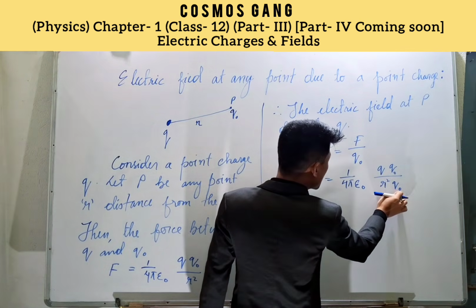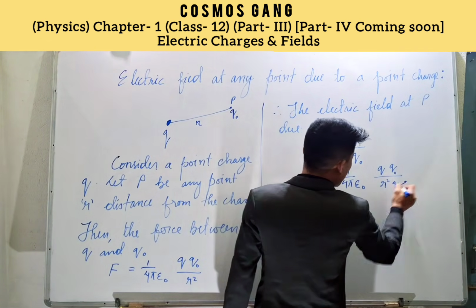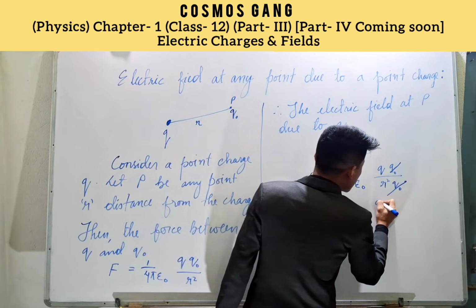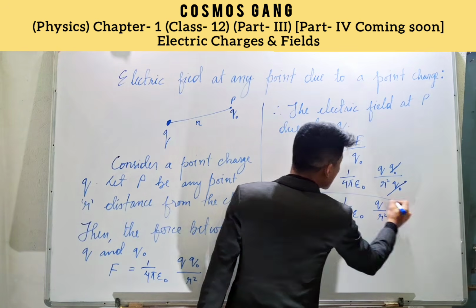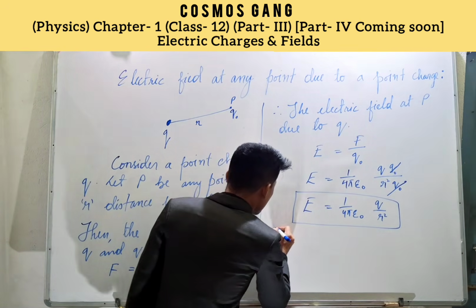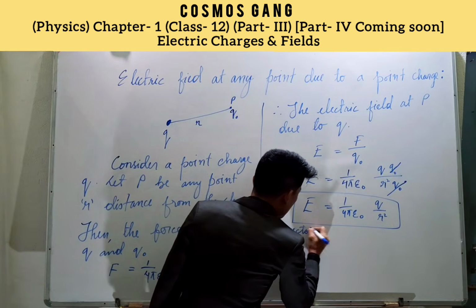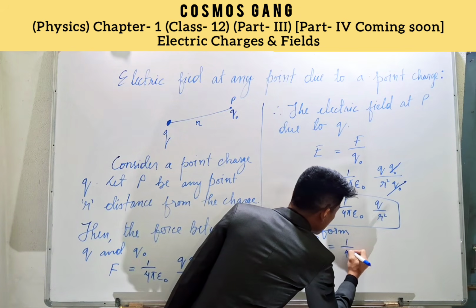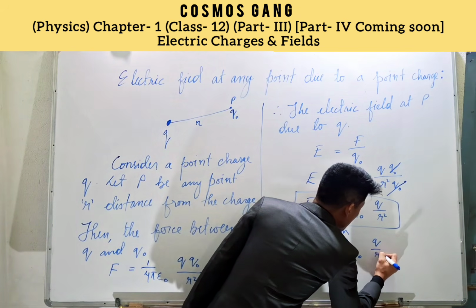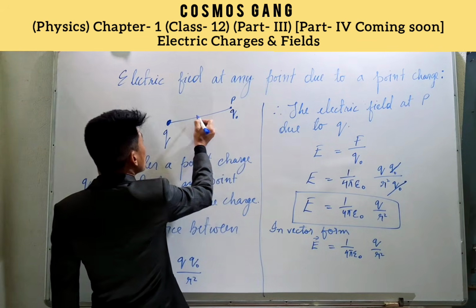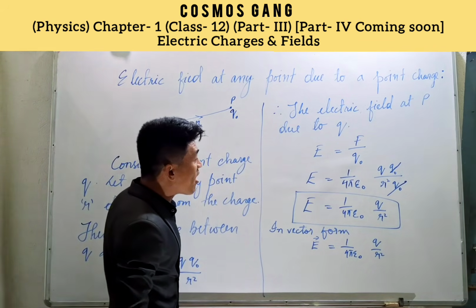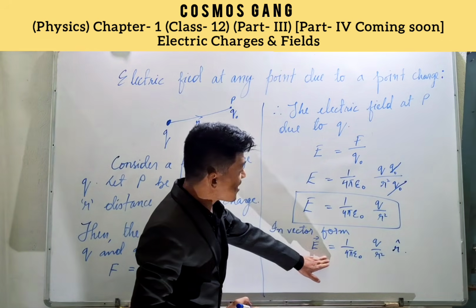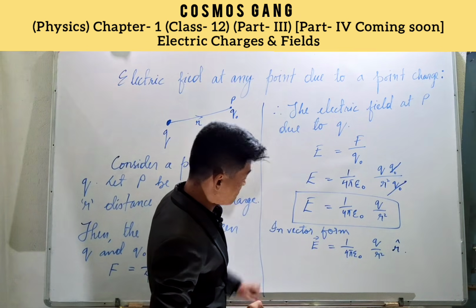Q naught is in the denominator, so I cancel this, and I get E equals 1 by 4 pi epsilon naught Q by r squared. So this gives us the magnitude of the electric field. In vector form, the electric field is equal to 1 by 4 pi epsilon naught Q by r squared, and the direction of the electric field always goes along the direction of r, so it's going to be r vector. So this is the vector form and this is the magnitude form.